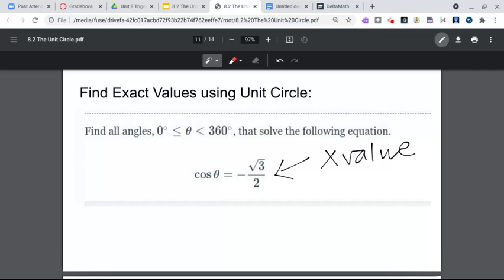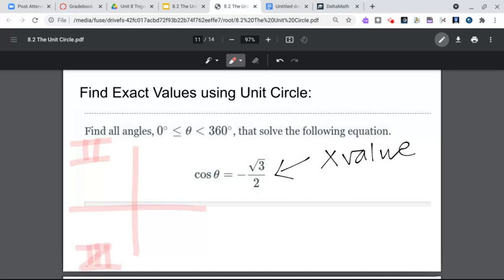Well, I know root 3 over 2 as an x value will fall closest to the x-axis, that ordered pair. If cosine's negative, my only options for the quadrants would be quadrant 2 and quadrant 3, because cosine's negative there.